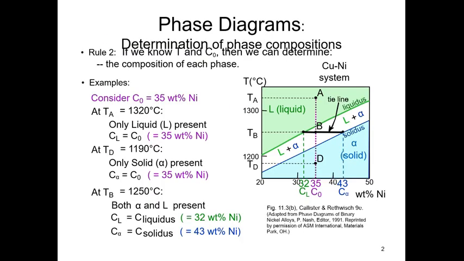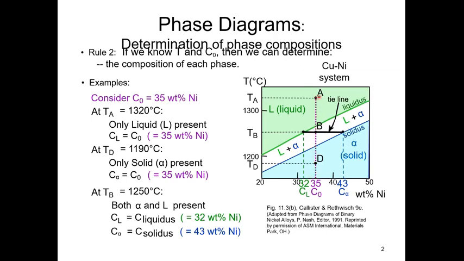From the phase diagram, you can also determine the composition of each phase. Maksudnya composition setiap phase itulah. Okay, for example, okay, at 35% of nickel. Tengok kat sini, the y-axis is nickel, so 35%, okay, is here. Okay, kat sini.